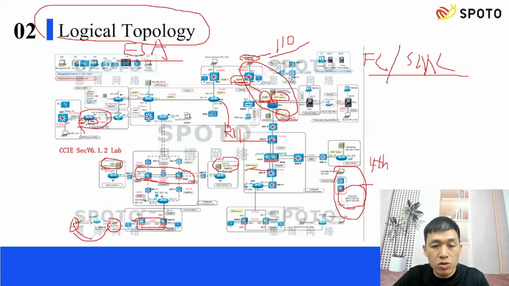So sales PC traffic will go through like this, and the finance traffic will go through like that. Okay.